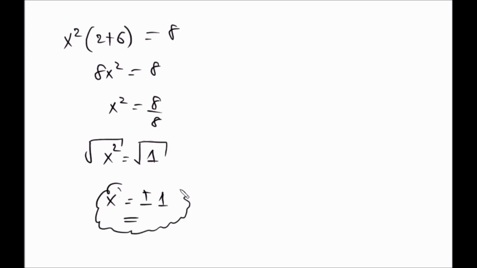Kwa hiyo x squared itakuwa sawa na 8 over 8. Kwa hiyo x squared itakuwa sawa na 1. Kwa hiyo x ukifanya under root itakuwa ni plus or minus 1 because the square root of 1 is plus or minus 1. So for m is equal to 2, tusema y ni sawa na nini? Mx.